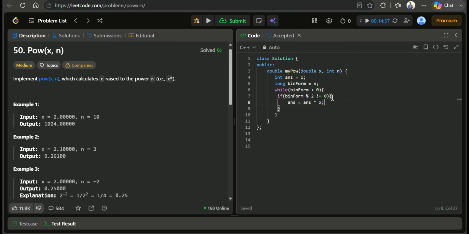After I calculate that, I have to double my x value by squaring it, so x multiplied by x. After I successfully calculate that, I will simply return my answer. So that's the idea of the simple code of my power function, or power x to the power n.